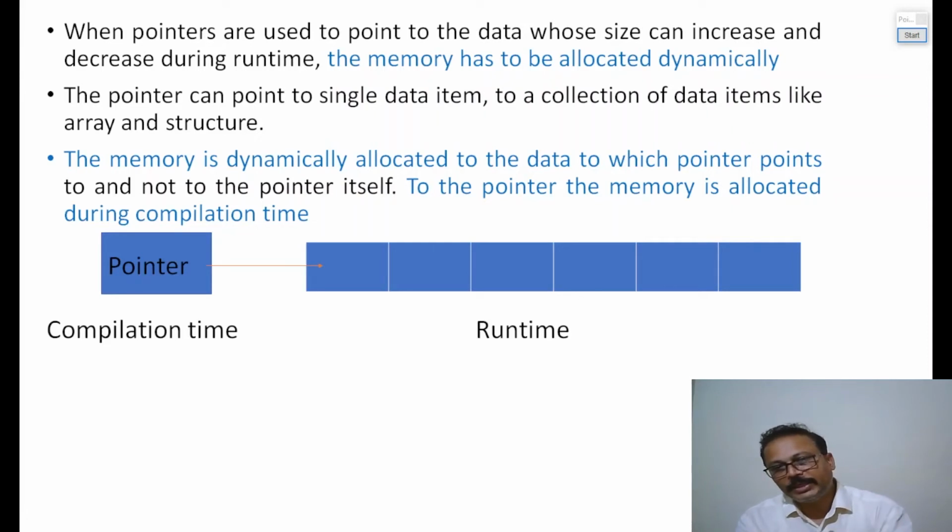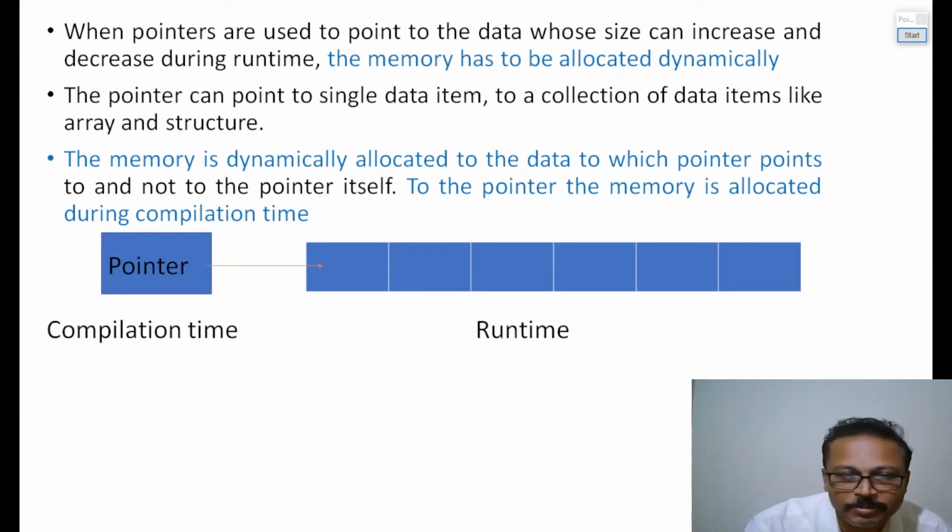Now, if you make the a point to some memory locations, some data items, say array, without declaring the array, then you can allocate that memory during the runtime. So the data to which the pointer points, that memory is allocated during the runtime or dynamically.